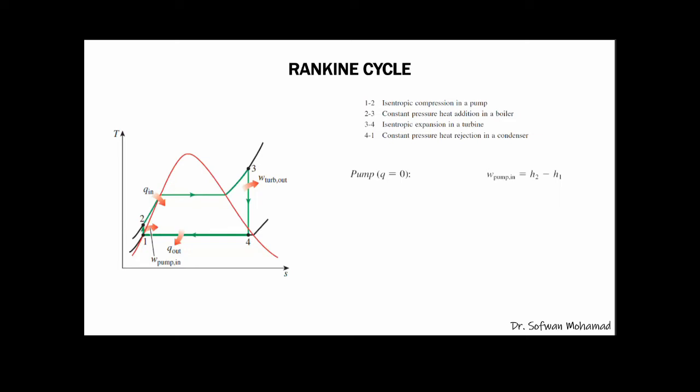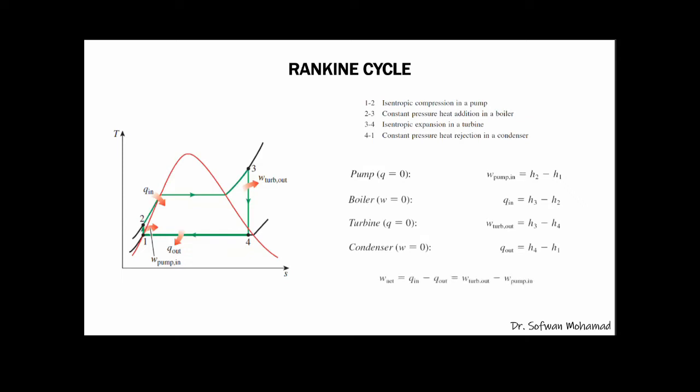We can calculate the work done by the pump using the enthalpy values at 2 and 1, and the Q in, or the heat addition inside the system, using enthalpy at 3 and 2, and the work done by the turbine, and also the heat rejection by the condenser.